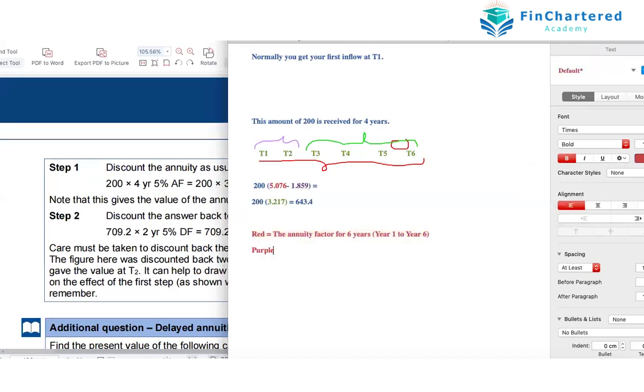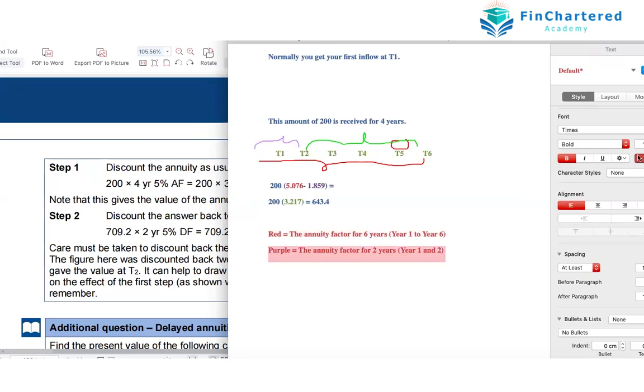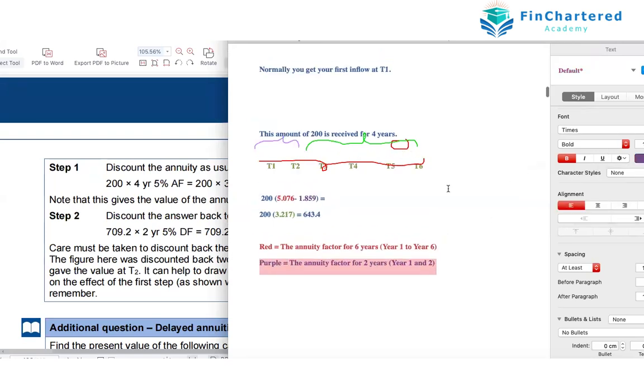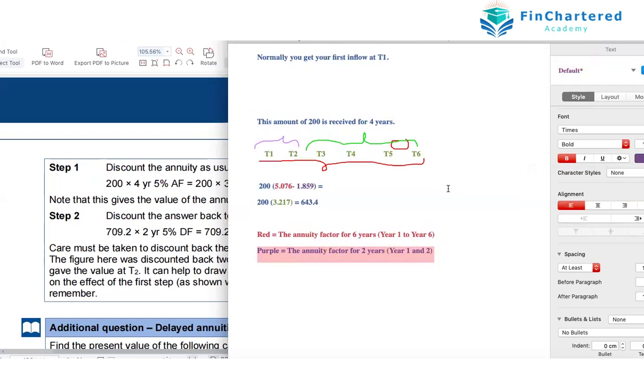Purple is the annuity factor for 2 years, that is year 1 and 2. Then the remaining, obviously, the difference between the two is green.